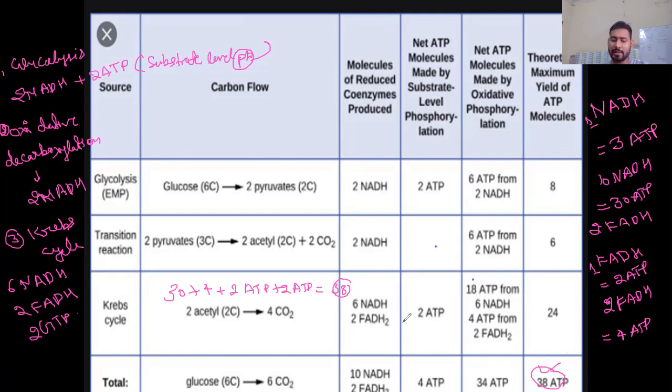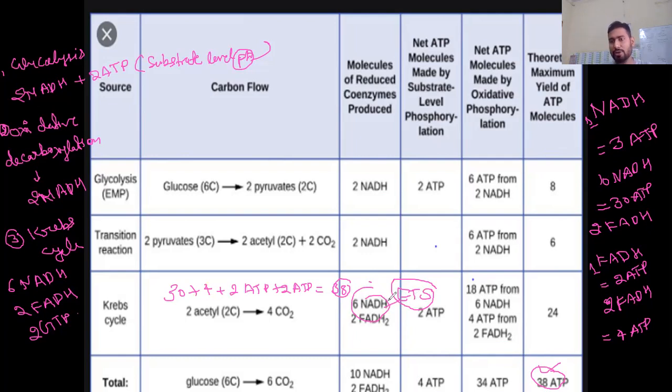I told you aerobic respiration involves 4 steps, in which the ETS plays a very important role, because if NADH molecules do not enter the electron transport system, they have no capability to produce ATP. Without entering, they can't produce ATP.